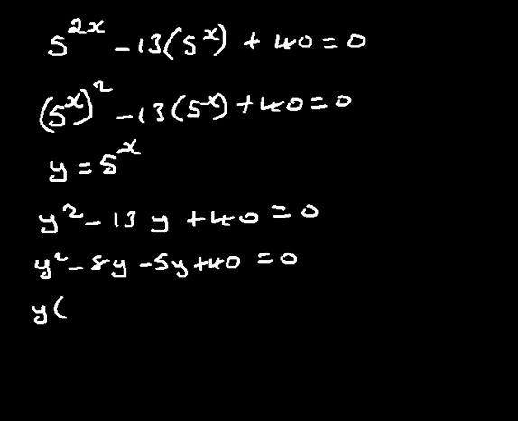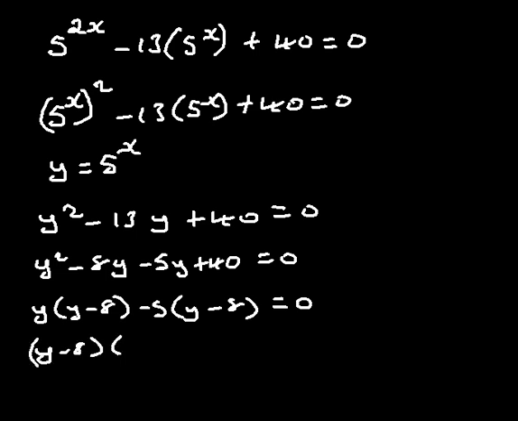Then we have y, minus 8, and minus 5, y minus 8, which is equal to 0. So that is y minus 8 times y minus 5. And y is given as 8, and also y is given as 5.